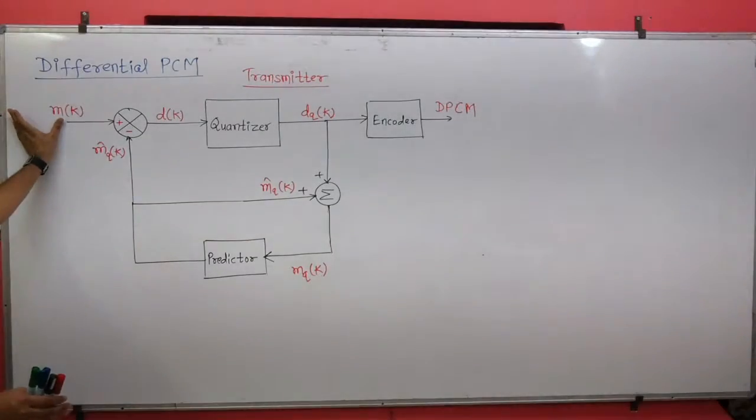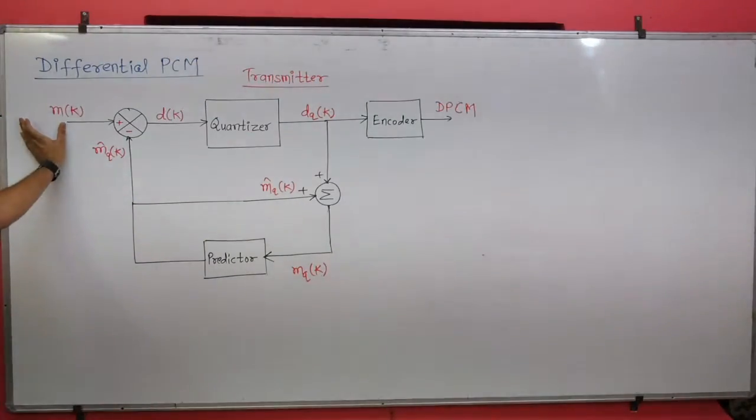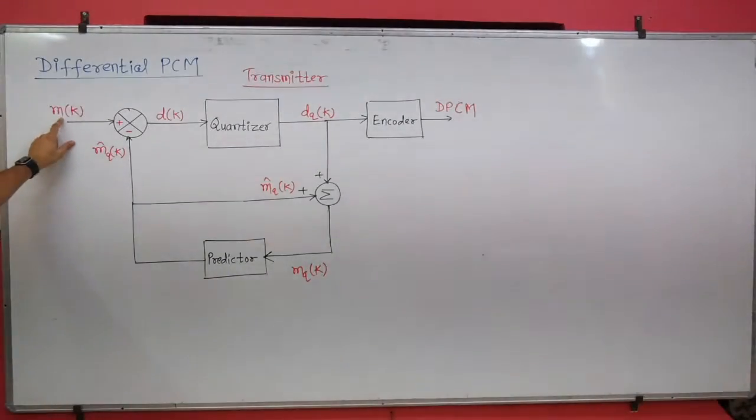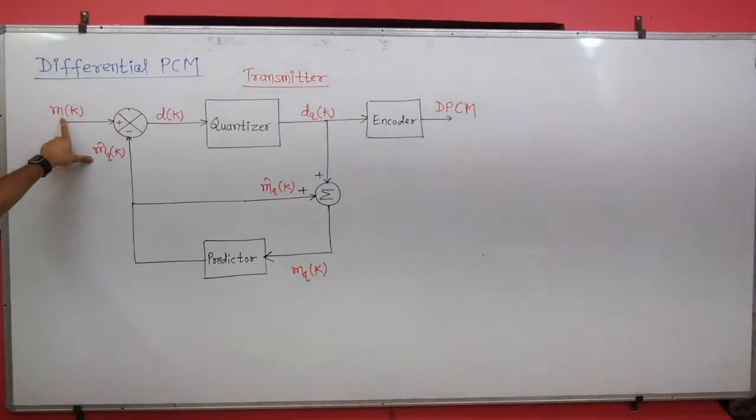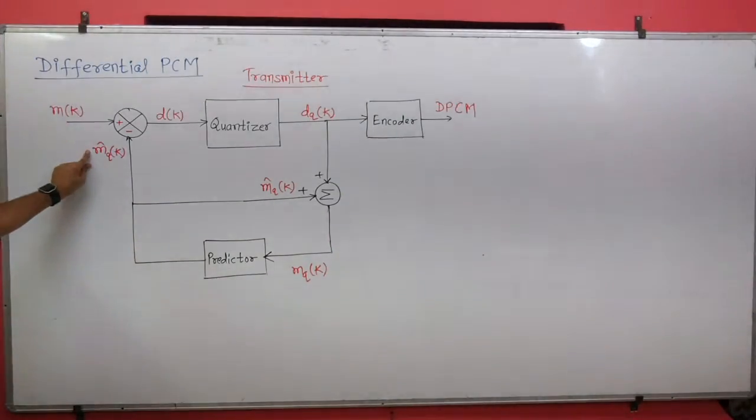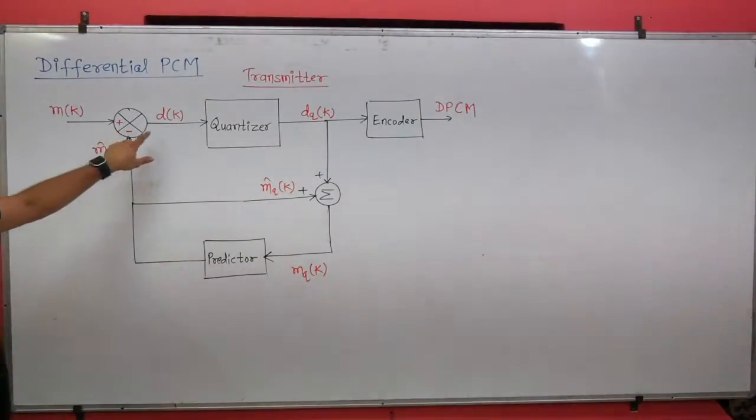After sampling we get the discrete time signal, and we take the difference between the two signals. When these two signals are subtracted we get this DK.